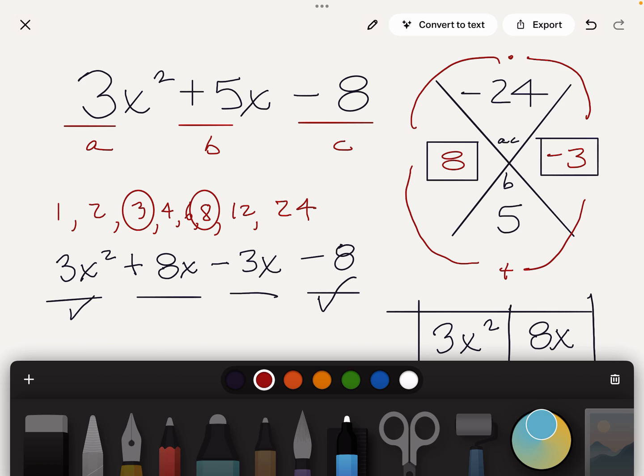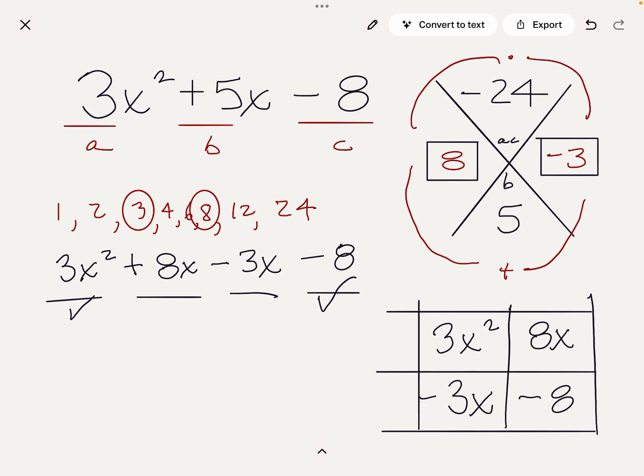And then the other two can go in either box. The x terms can go in either box. It does not matter. So, now what do we do? Well, we're going to figure out the greatest common factor for each row and column, and that will give us the answer to this. And I'll show you.